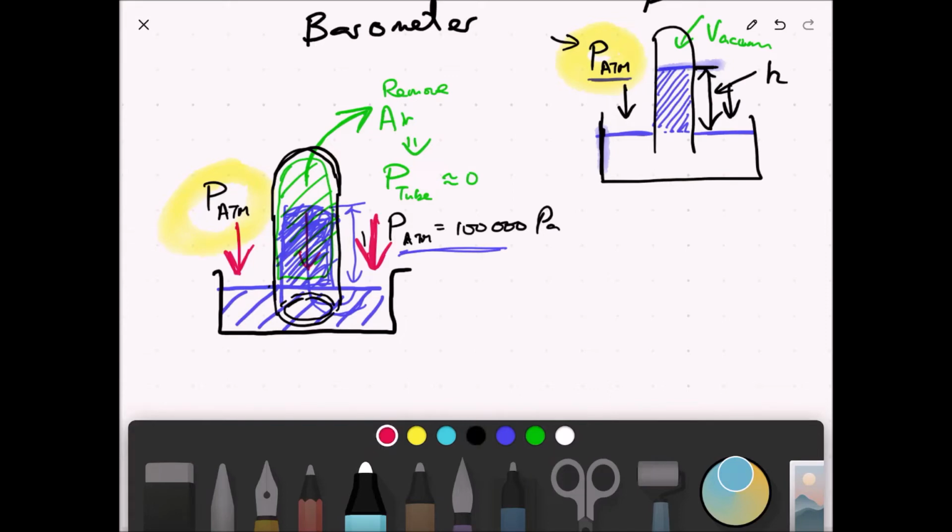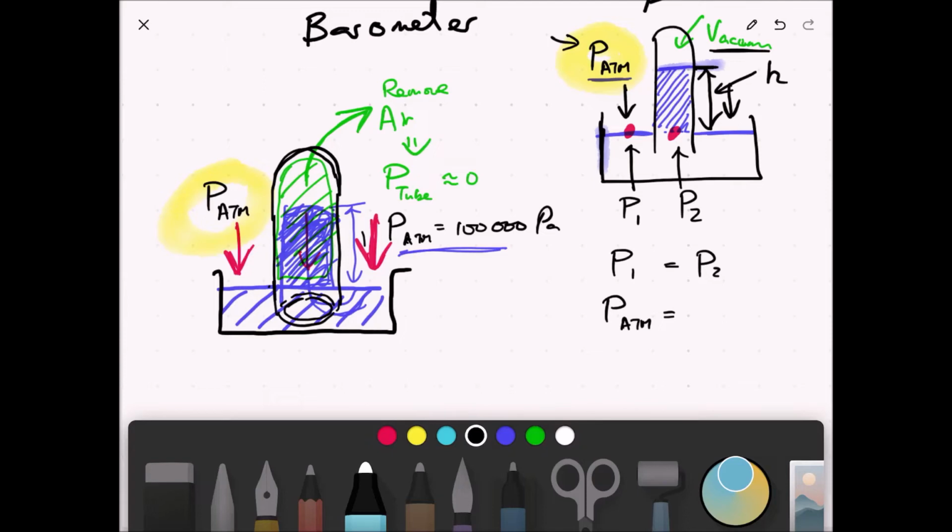Well, we say that the pressure here, this red dot, and the pressure here inside the tube has to be the same. So we usually call this P1 and this is P2. So if I look at this, P1 equals P2, right? P1 is being pressed down by the atmospheric pressure. P2 is being pressed down by vacuum. Well, vacuum has no air particles inside, so no pressure.